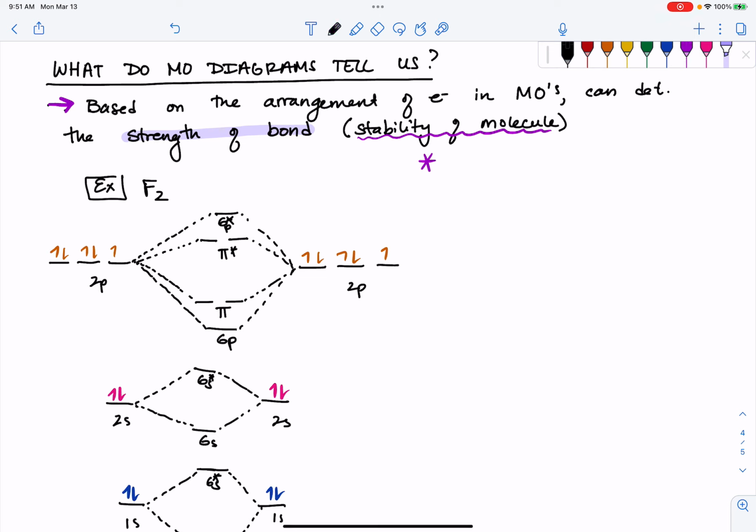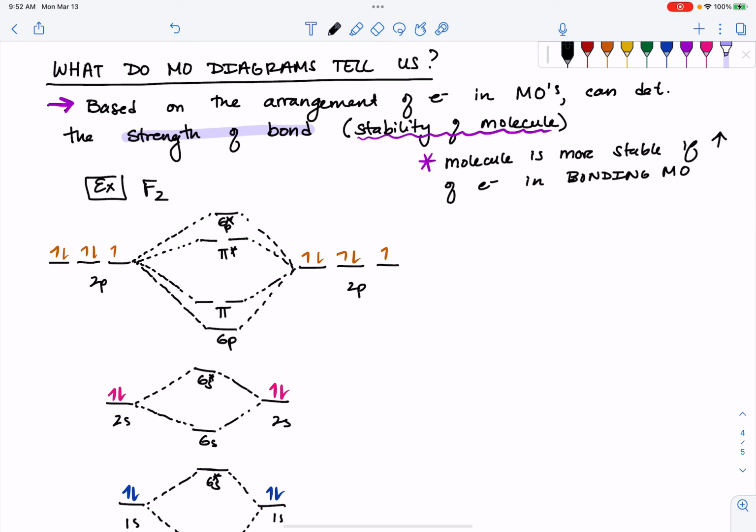Well, the answer is actually rather simple. A molecule is more stable if it has a large amount of electrons in bonding type molecular orbitals.